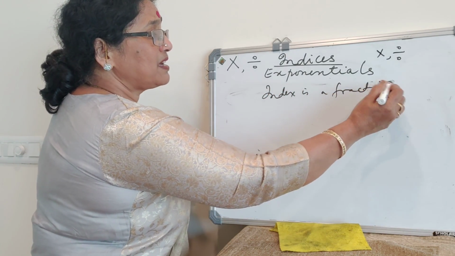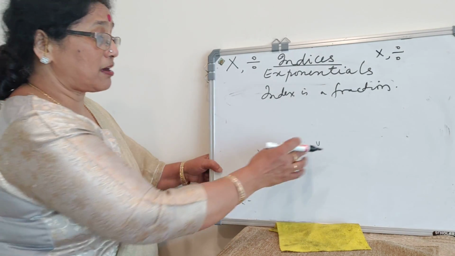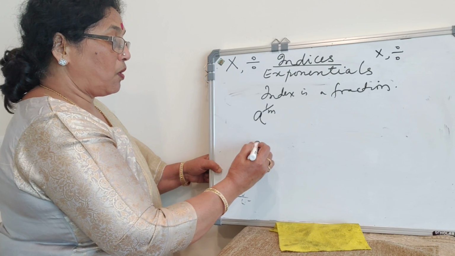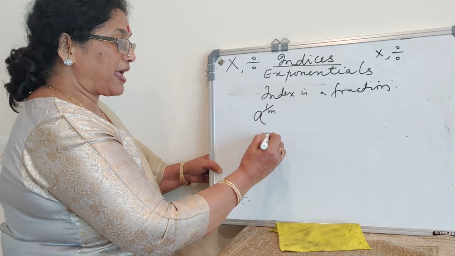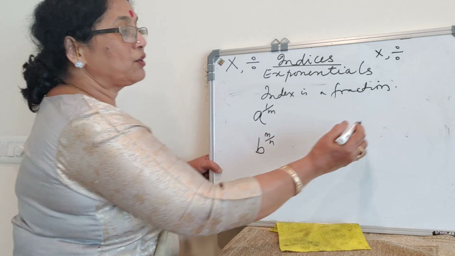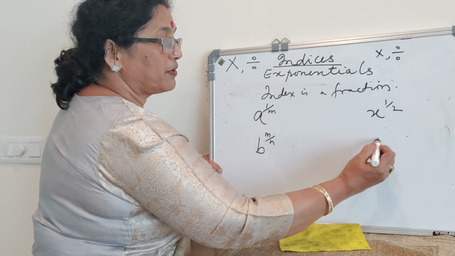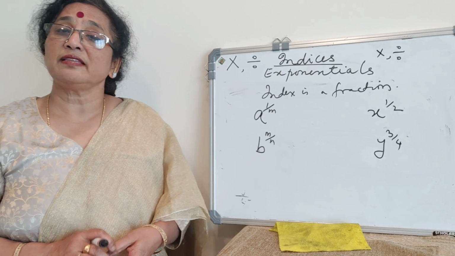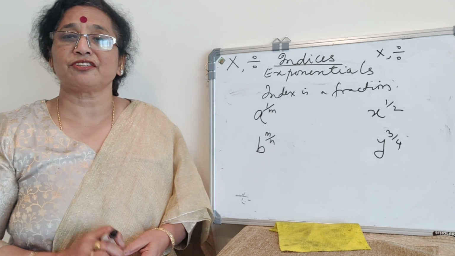For example, a to the power of 1 by m, or b to the power of m by n, like x to the power of half, y to the power of 3 by 4. Here you can see the powers are fractions.